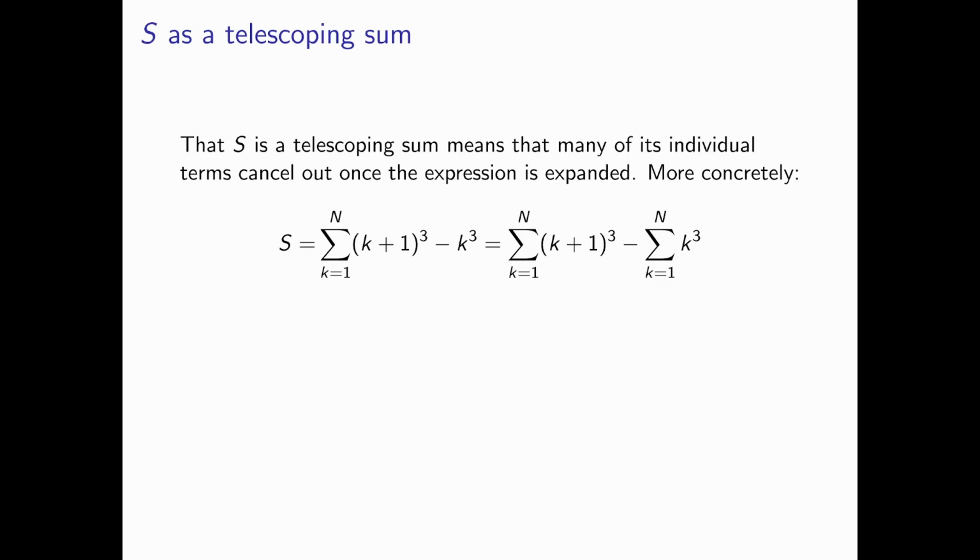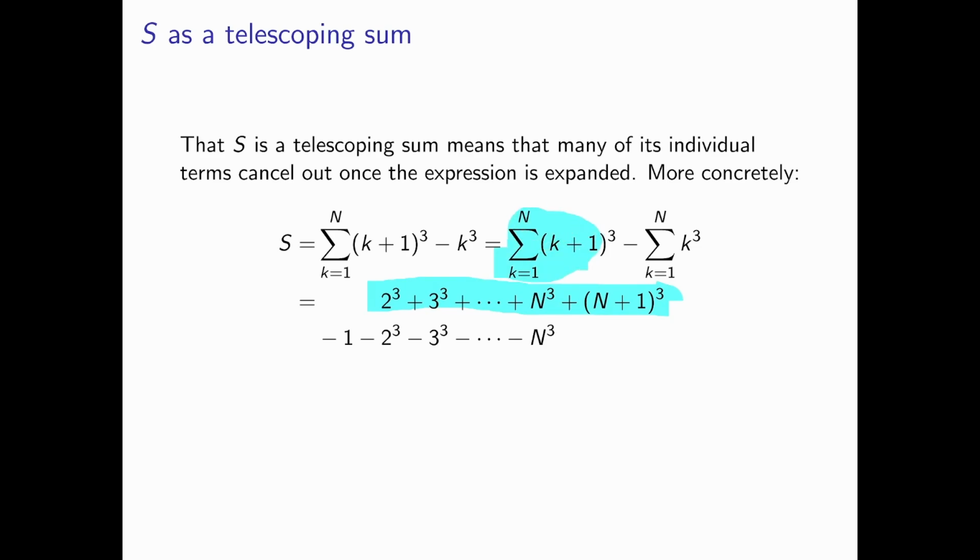And what happens now when I write these sums out explicitly? Well, I get the following thing here, where we have, first off, in the top here, this sum over here, and then in the bottom, this sum over here. And what's interesting about what I just wrote out is that many terms just cancel out against one another.